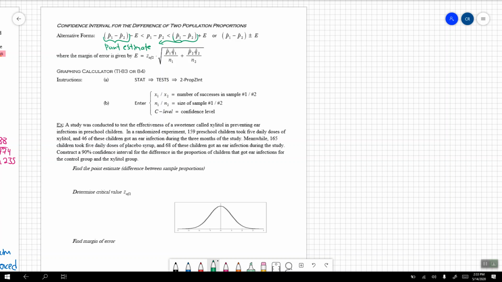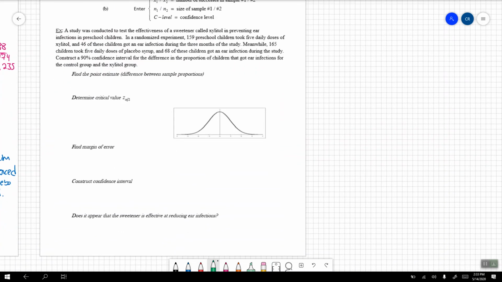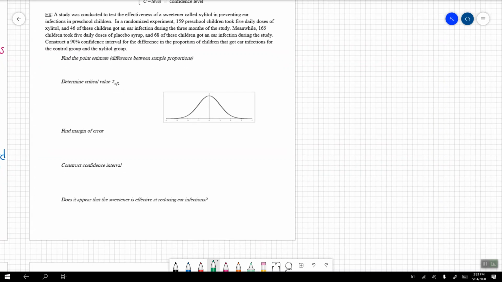All right. So now that we have this, let's go through and start extracting everything that we're going to need. Let's look at this example. A study was conducted to test the effectiveness of a sweetener called xylitol in preventing ear infections in preschool children.